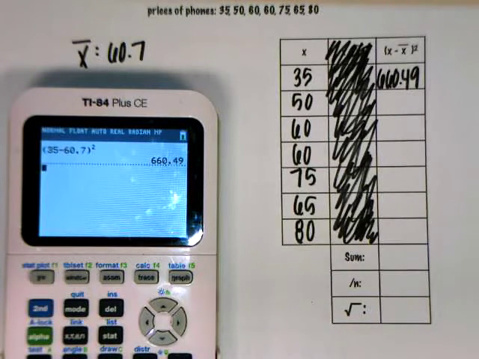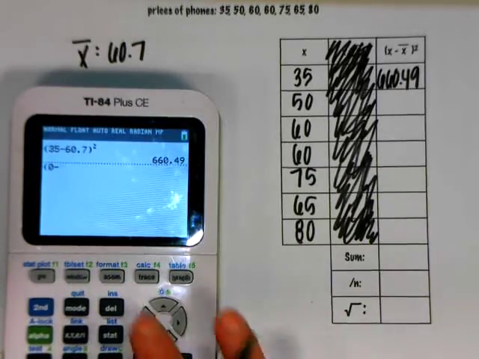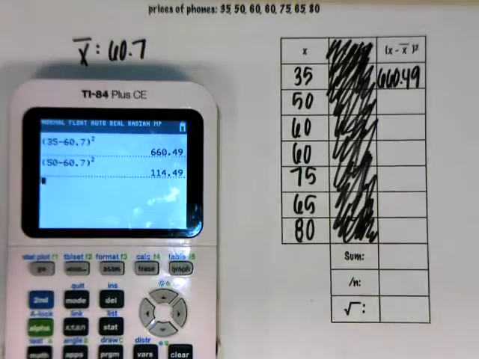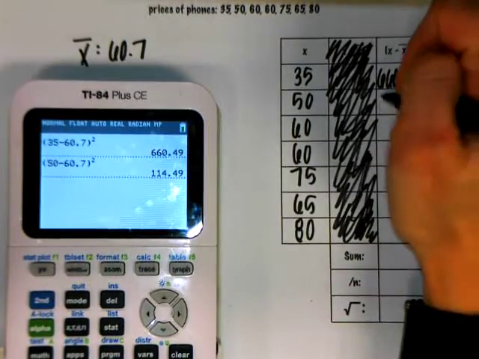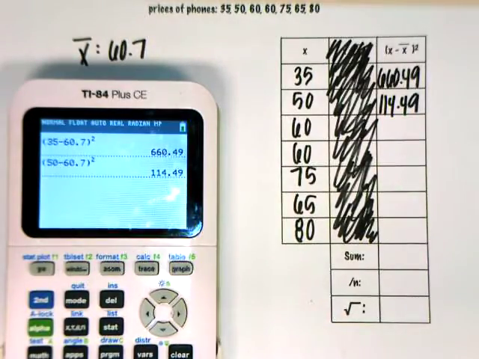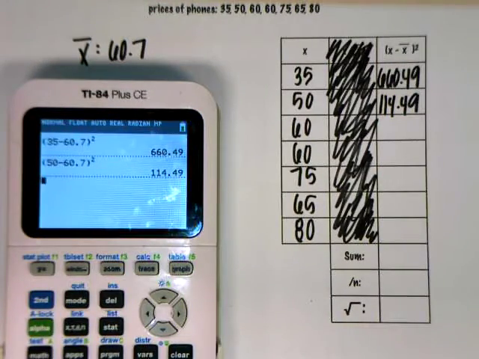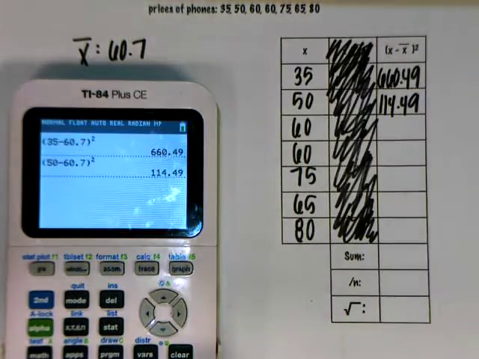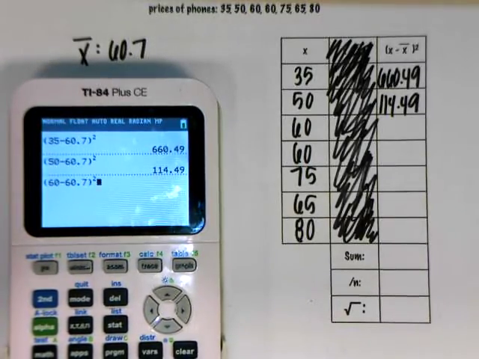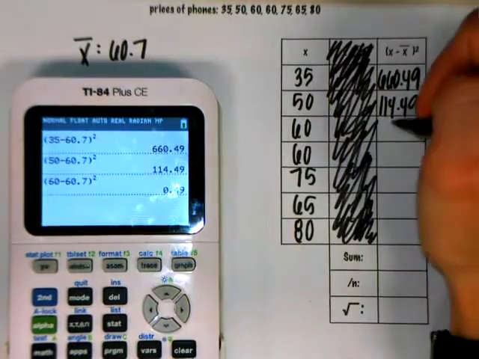Yeah. Okay, and then next one, parentheses, 50 minus 60.7 squared, 114.49. Do not round during this part of the process at all, because the more you round a teeny tiny bit on every problem, at the end it ends up being a big change. Okay. All right. Next is 60. So parentheses 60 minus 60.7 squared, 0.49.